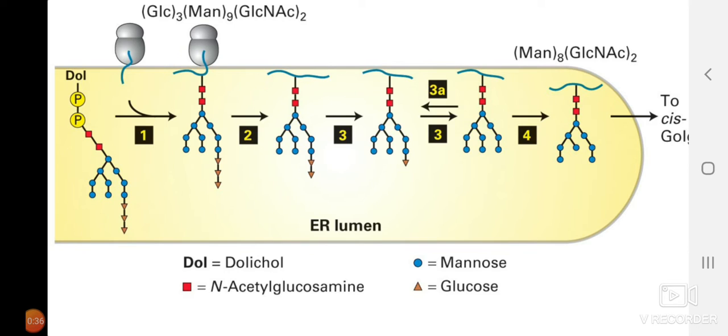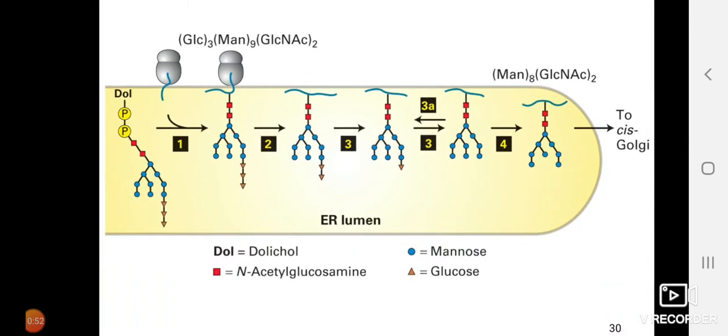This whole dolichol pyrophosphate sugar tree gets completely transferred onto the growing nascent polypeptide chain, where it comes across the sequence containing the asparagine amino acid. There is a specific sequence for it. When it finds this asparagine amino acid, it transfers that sugar tree onto the growing nascent polypeptide chain.